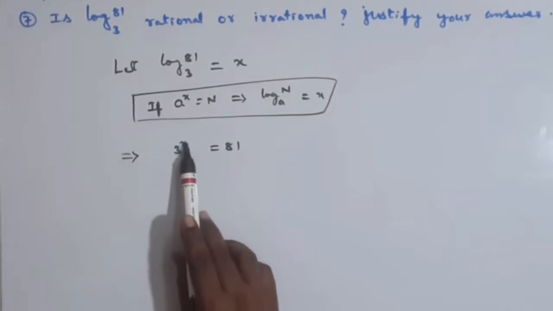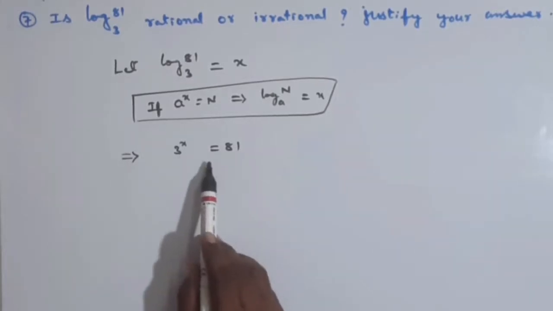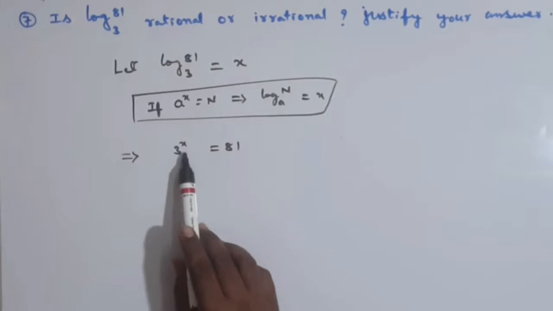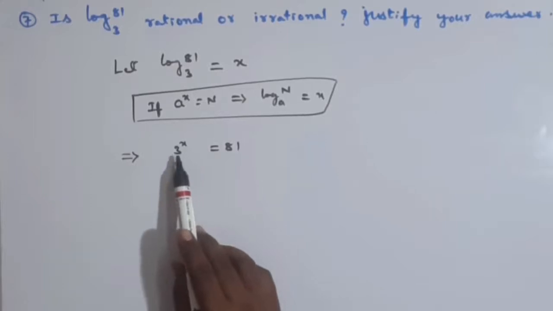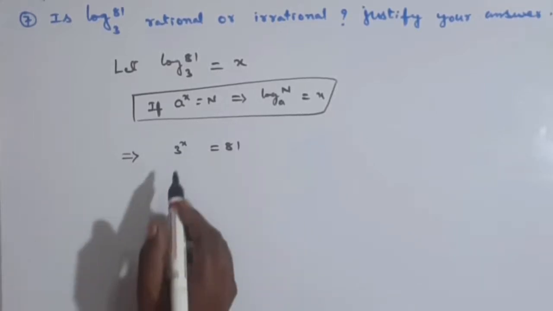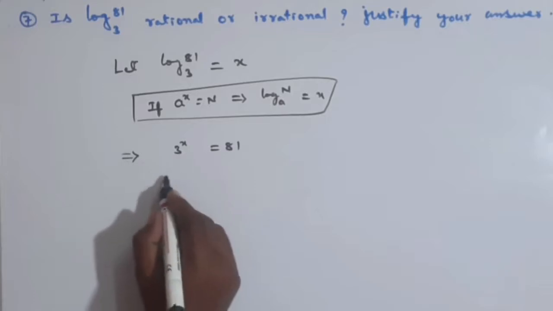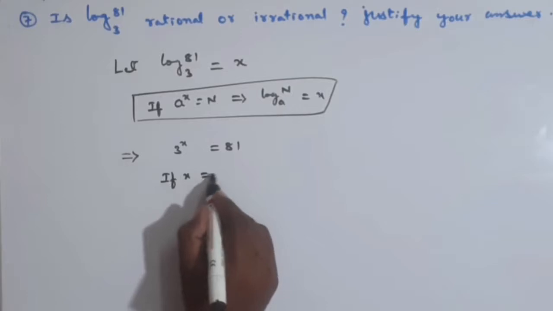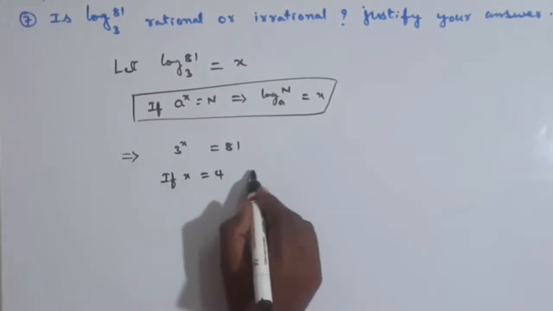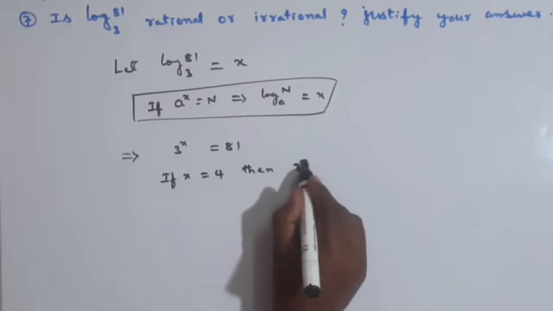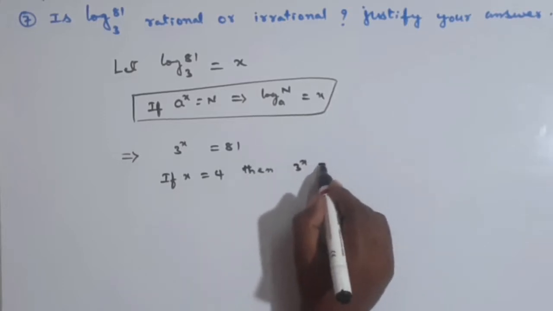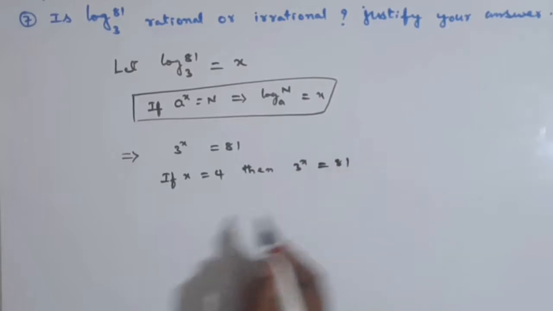For what value of x does 3 become 81? If x equals 4, then 3 to the power of x equals 81.